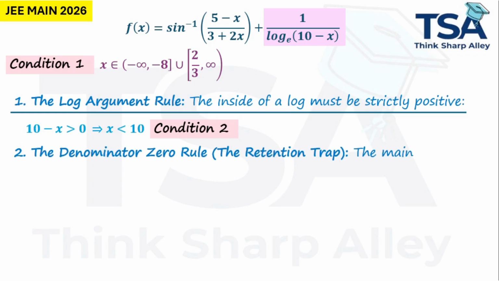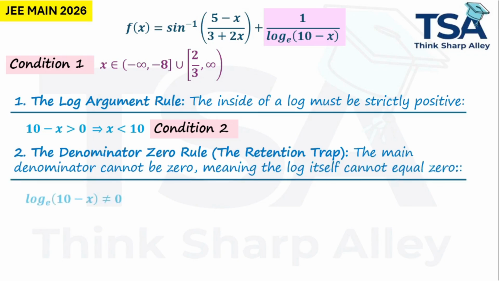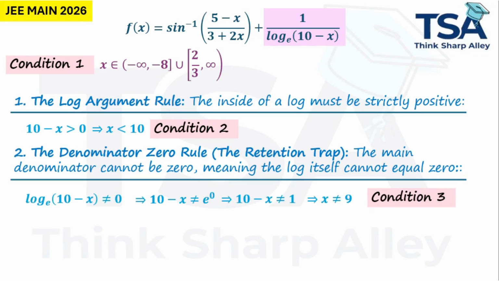The main denominator cannot be 0, meaning the log itself cannot be equal to 0. So, log base e of (10 minus x) is not equal to 0, which means 10 minus x is not equal to e to the power 0. And that gives me 10 minus x is not equal to 1, which gives me x is not equal to 9. Let's consider this condition 3.